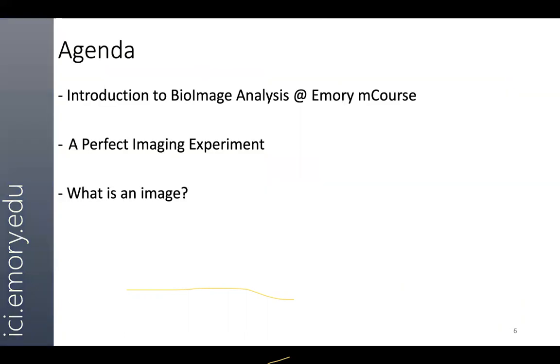And that brings me to the agenda of the course today, which is why we even need this kind of course. I'll be talking a bit more about that in the introduction. We will cover what a perfect imaging experiment is. ICI did micro talks where April, Stoyan, Neil, Laura, and I covered the nooks and crannies of how to do an experiment, how to figure out image settings, and how to do a bit of image analysis.